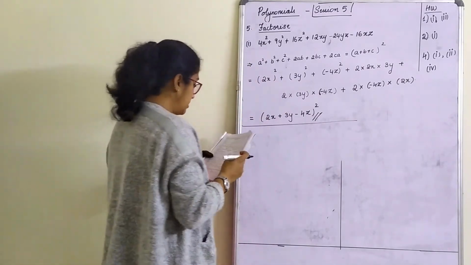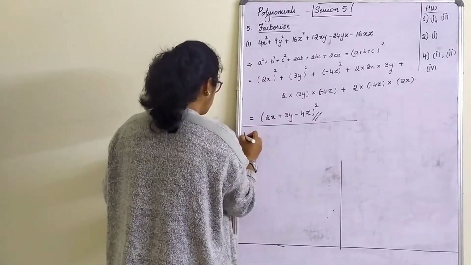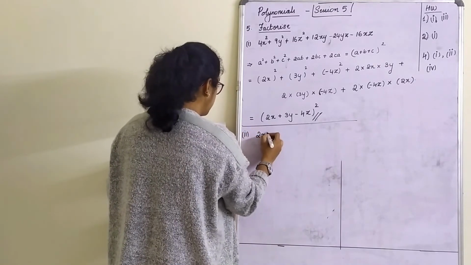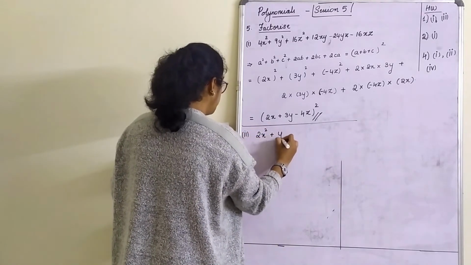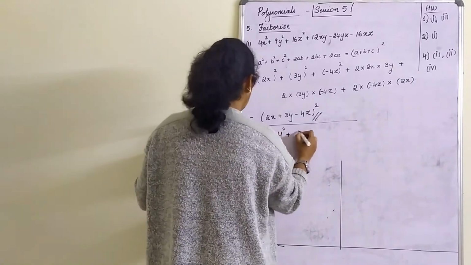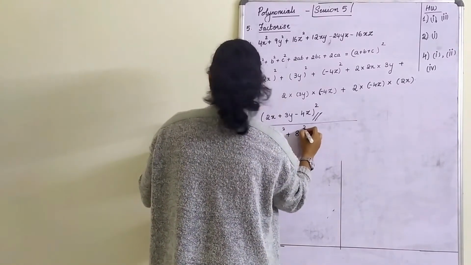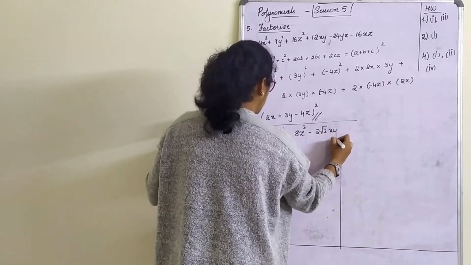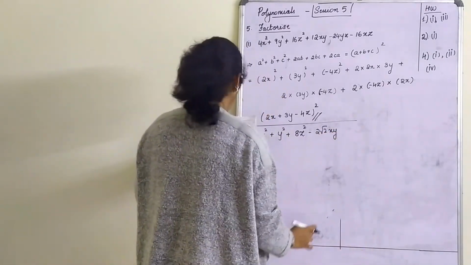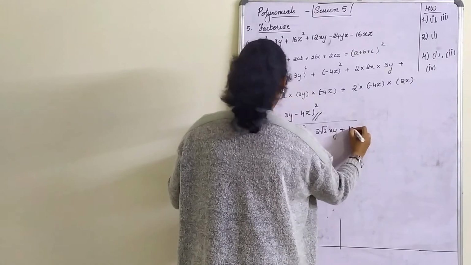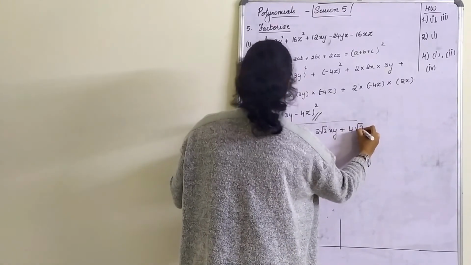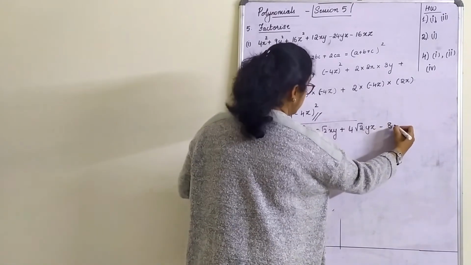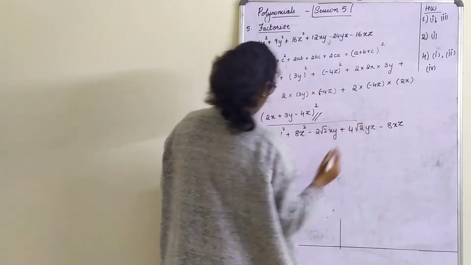Look at the next one. It's a root sum. It is simple, but you need to practice how to write such sums. 2x square plus y square plus 8z square minus 2 root 2 xy plus 4 root 2 yz minus 8xz.